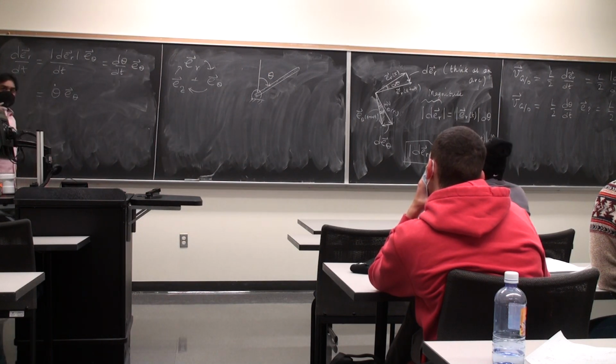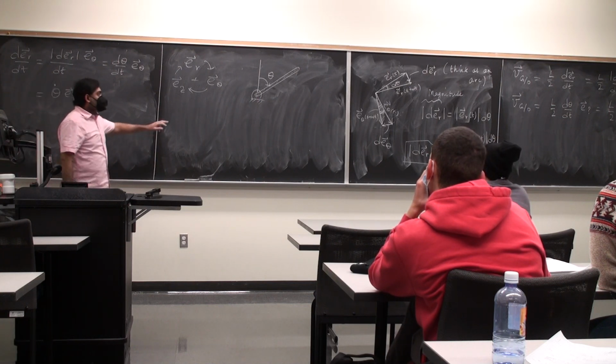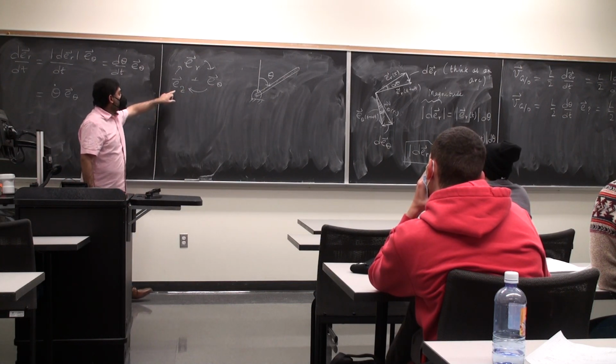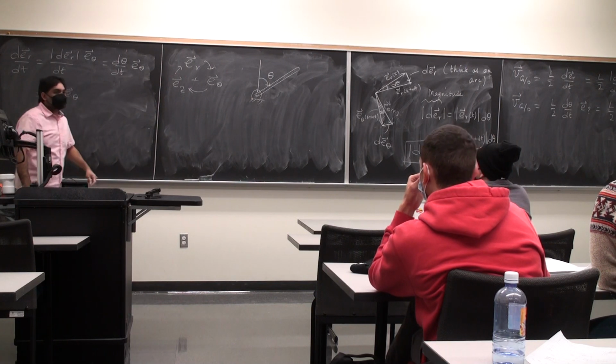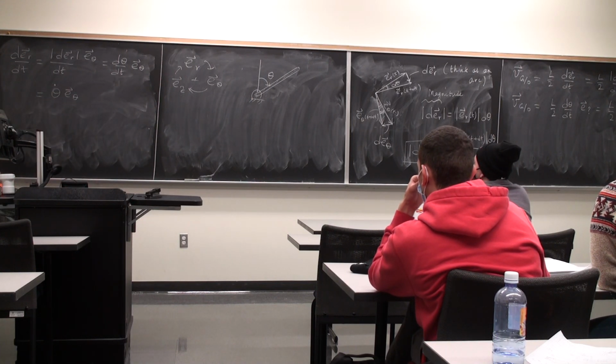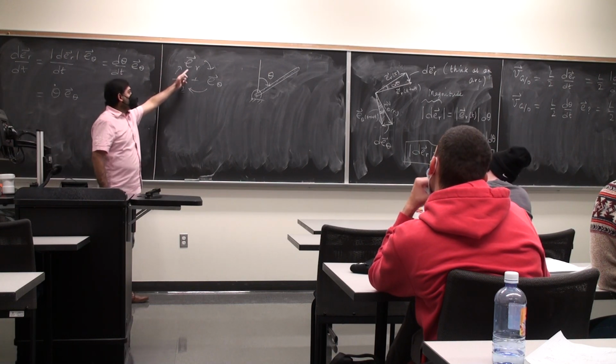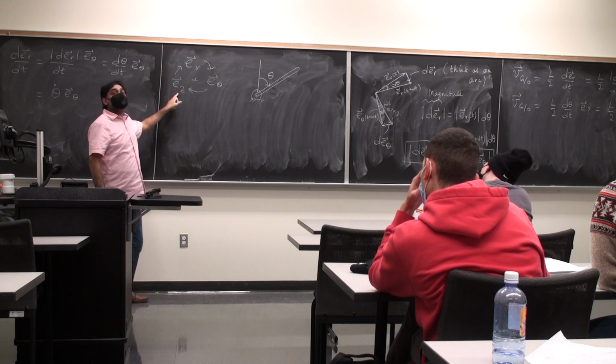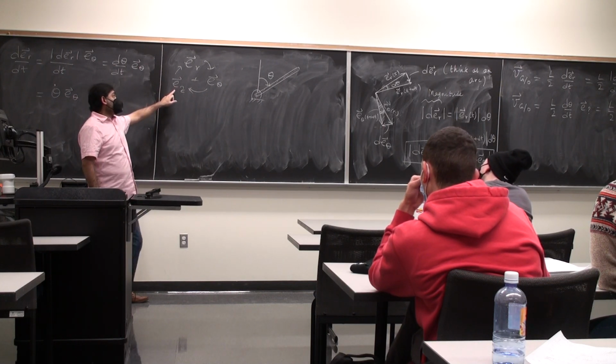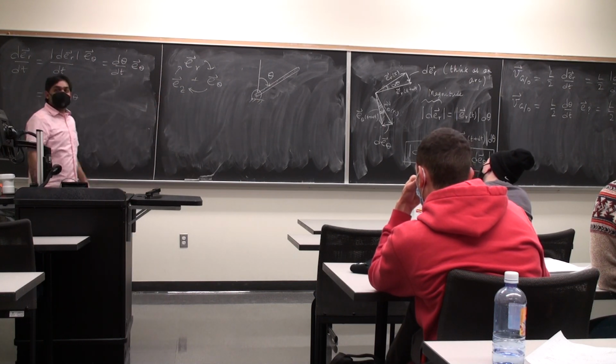My first question to you, can I write e theta in terms of ez and er? I can, right? Because er, e theta cross product gives me ez. So if I take the cross product of ez and er, that gives me e theta.